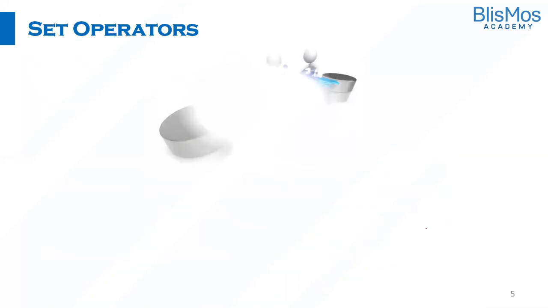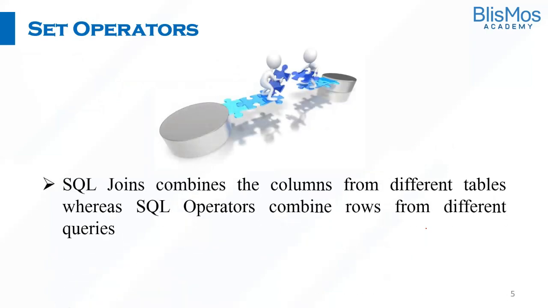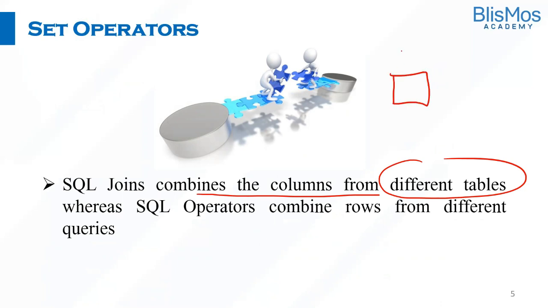Let's understand a bit more on set operators. If you have already watched our videos about joins, joins combine the columns from different tables. If you remember, we have table 1, table 2, and within each table we have a couple of columns. So it combines the columns. When you are combining the columns, obviously the records will be there.